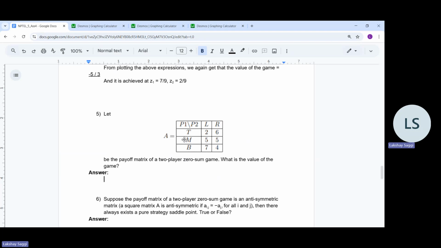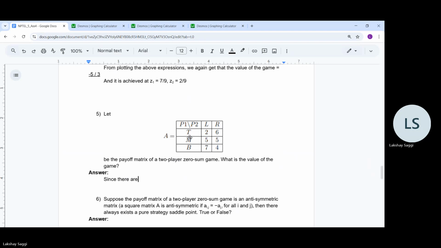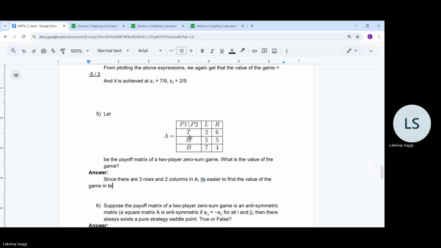Since there are three rows and two columns in A, it's easier to find the value of the game by finding the probability distribution with respect to the column player, because the column player has just two columns, two strategies to choose from, and the row player has three strategies to choose from.